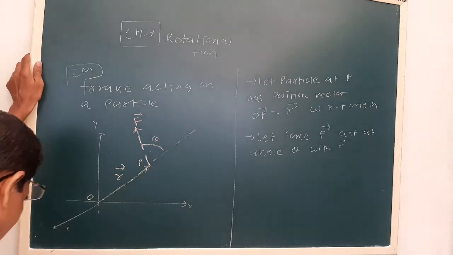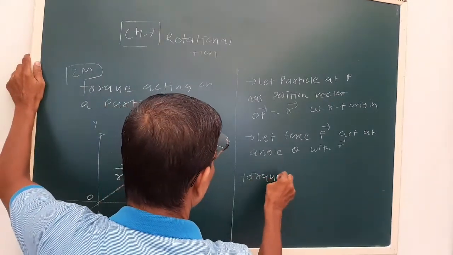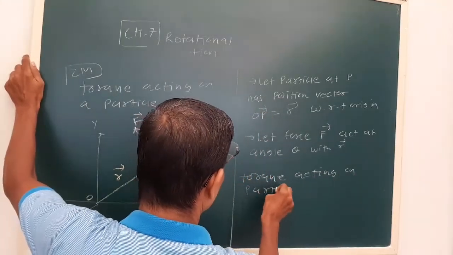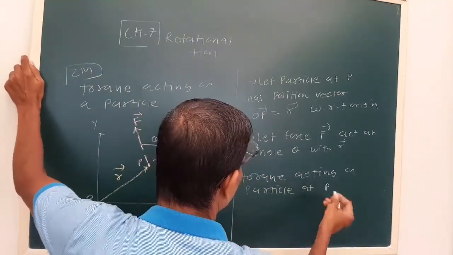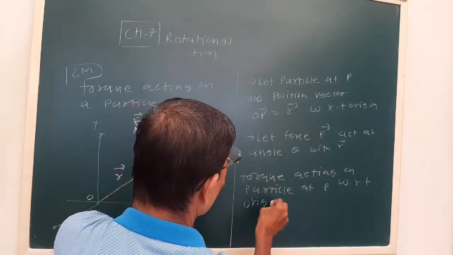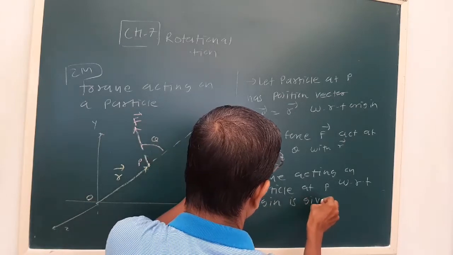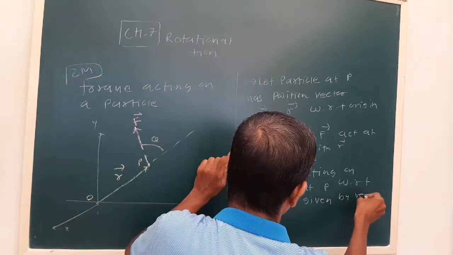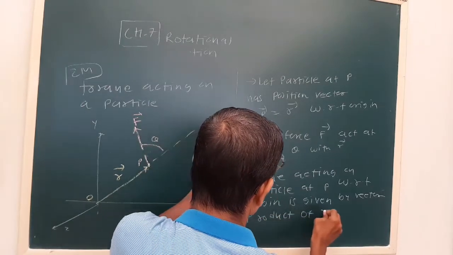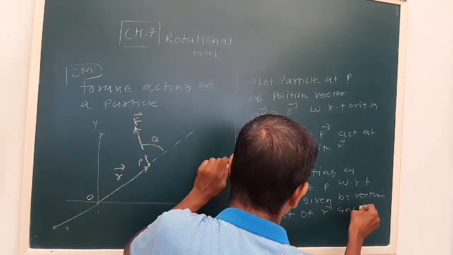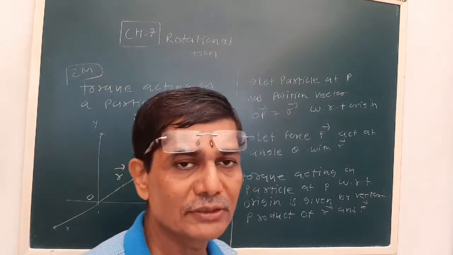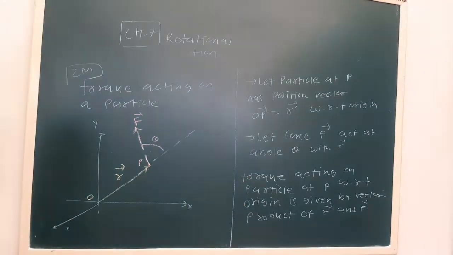So torque acting on a particle at P with respect to origin is given by vector product of r and F.